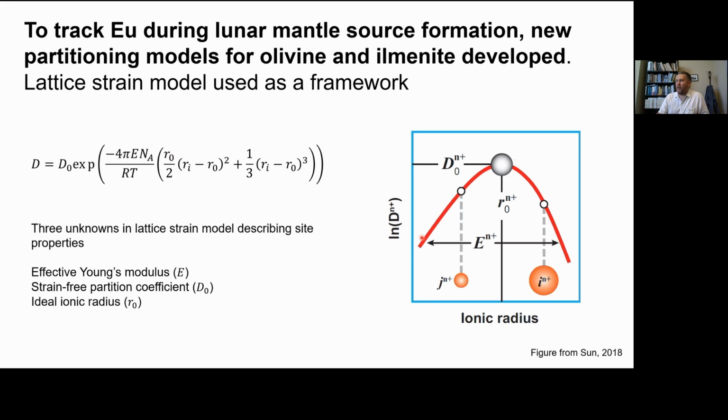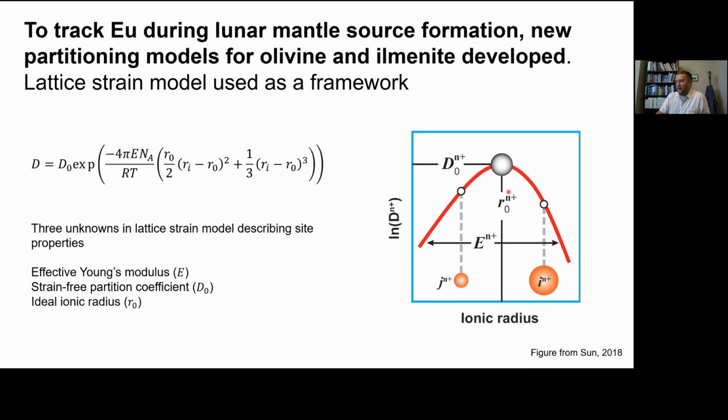So it parameterizes the variation in partition coefficient for isovalent elements that have different ionic radius as a function of 3 different properties of the lattice site. So there's an ideal strain-free partition coefficient, which determines the apex of this parabola here, right?